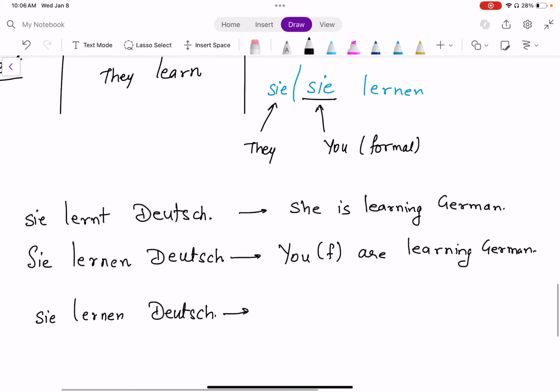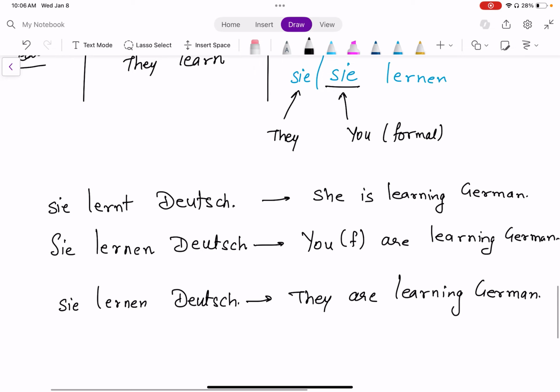And this means they are learning German. Okay? So these two are smaller s. Okay? Smaller s. So do not get confused. The only idea to understand is with the help of the conjugation of the subject pronoun.